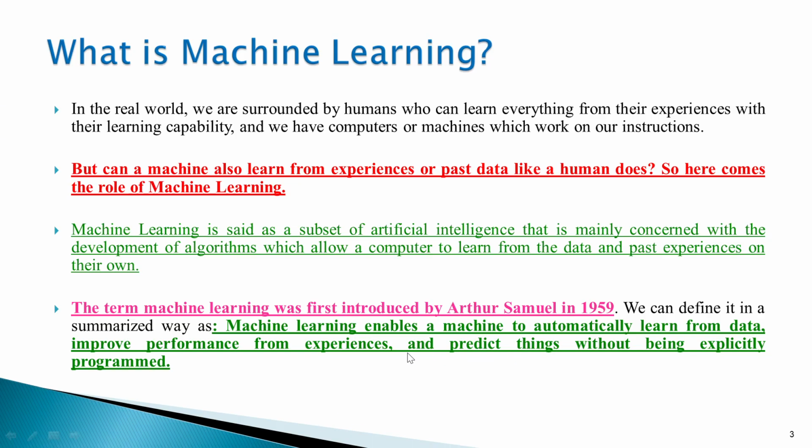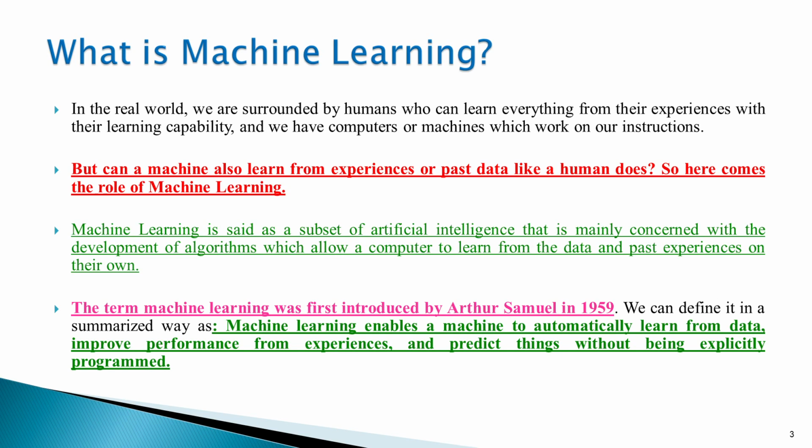So it learns automatically from the data, improves from experience, and predicts the output without being explicitly programmed, as with the addition or subtraction of two numbers. You're not going to program it explicitly, you're going to make it automatically learn from the internal data structure patterns.